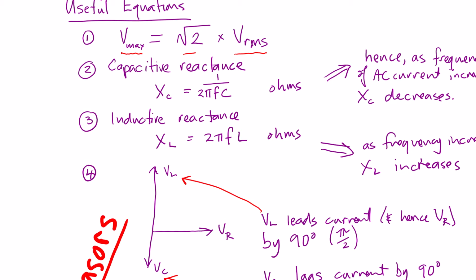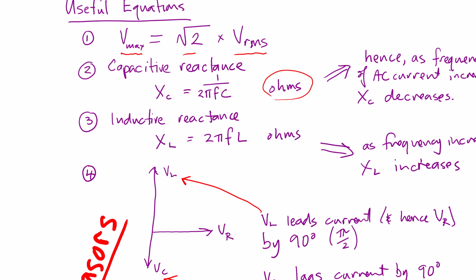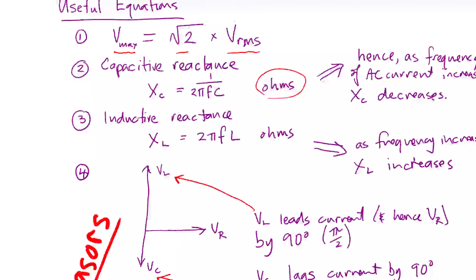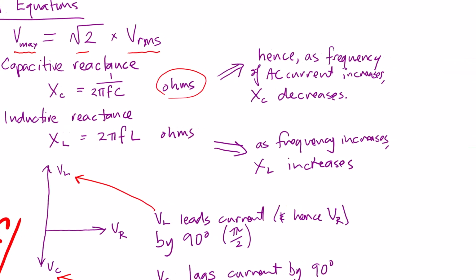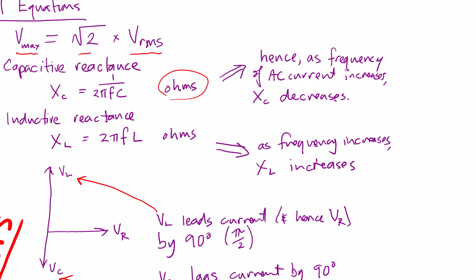Capacitive reactance, measured in ohms. This is the capacitive resistance, as it were, of a capacitor: 1 over 2 pi fC. So note, as the frequency increases, the capacitive reactance decreases.